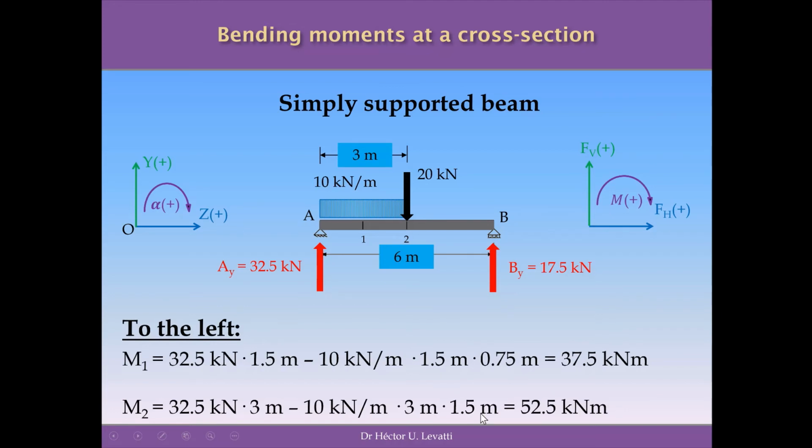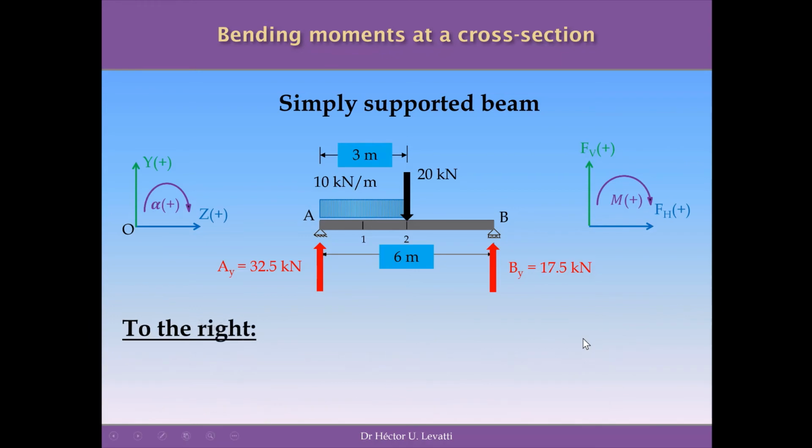This will be the negative moment produced by the UDL around the point 2. There is no other force producing moment around 2 to the left side of the structure. So if I run the calculation, I obtain 52.5 kilonewton meters, the moment at the cross section 2. As I said, you can do it to the right as well in both cases. So this is what I'm going to do right now.